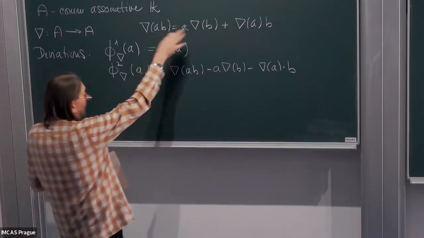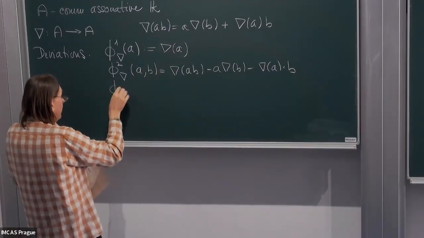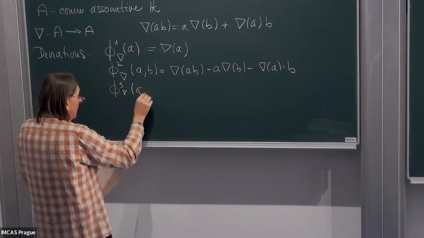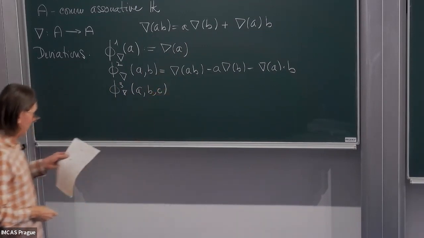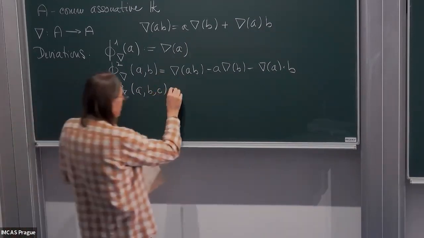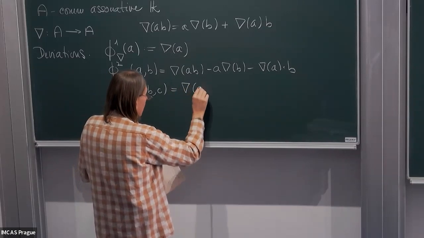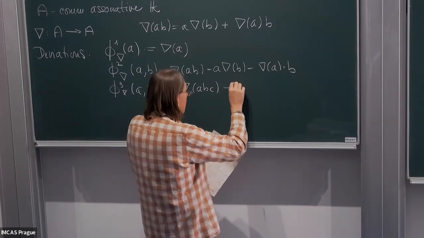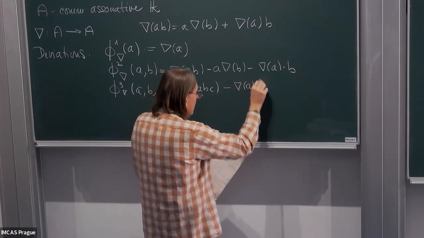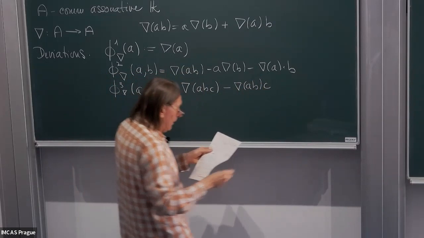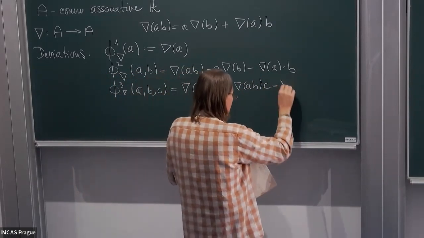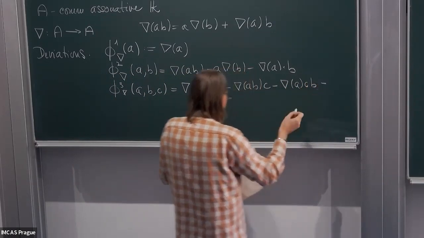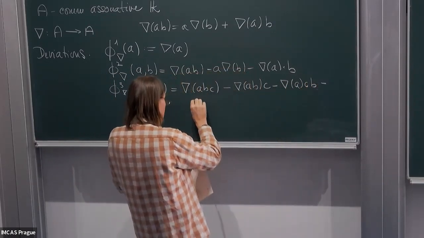So you can see some resemblance already. And phi3 nabla of a, b, c, now a function of 3 arguments, is defined to be nabla(abc) minus nabla(ab)c minus nabla(ac)b, again, there are some signs which I'm ignoring.